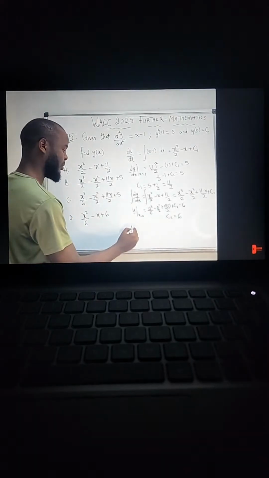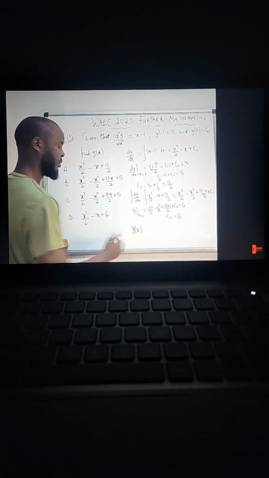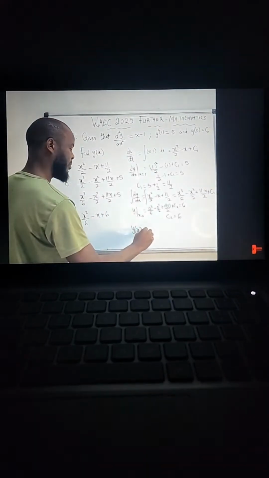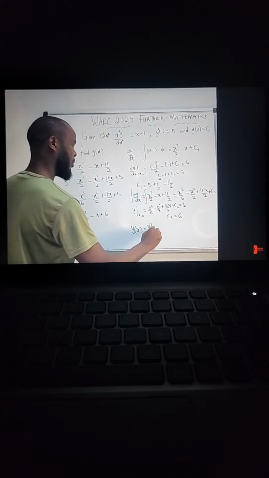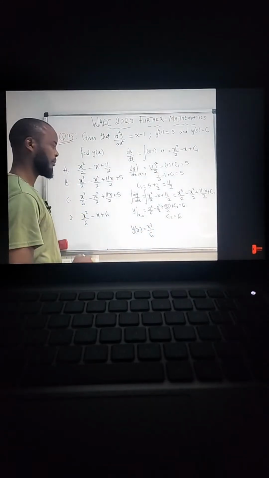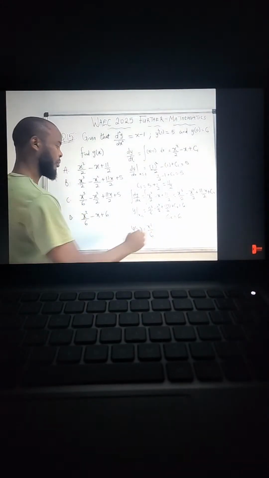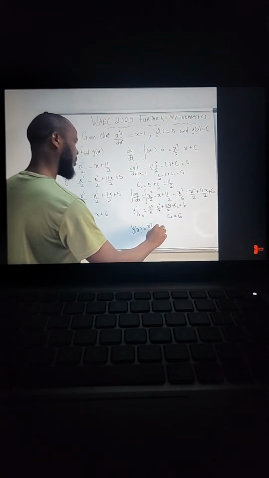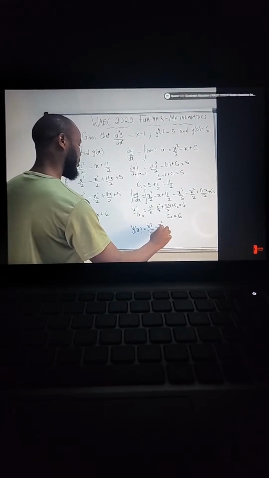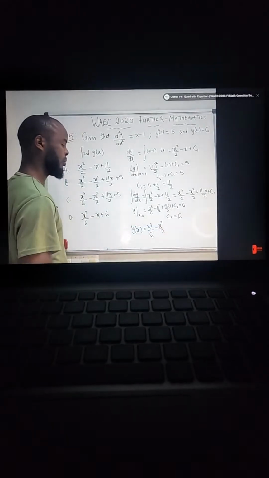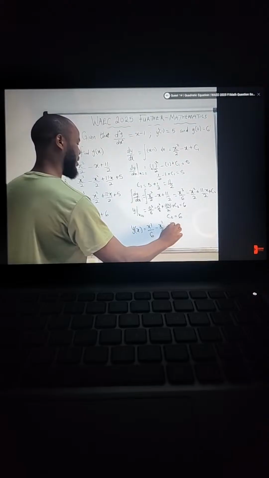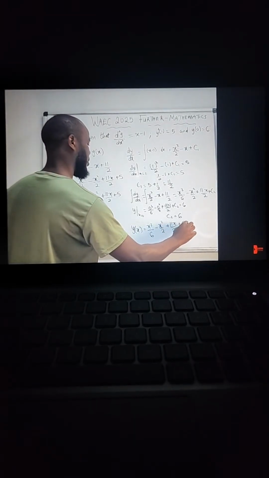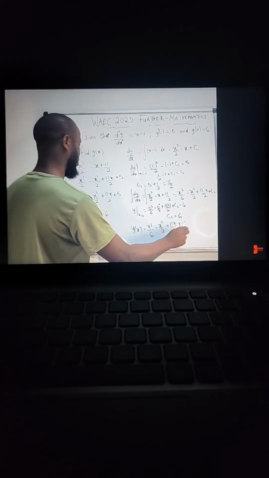Now we've gotten C2 to be 6. So that means your y of x is equal to x cubed over 6 minus x squared over 2 plus 11x over 2 plus, what is our C2?